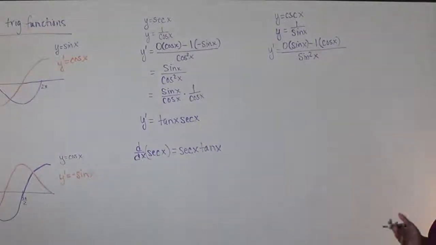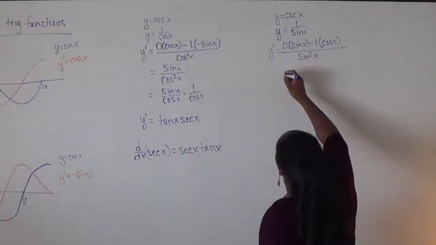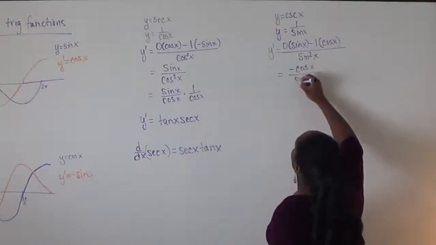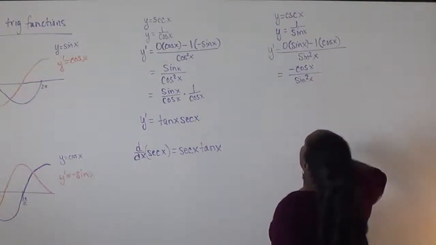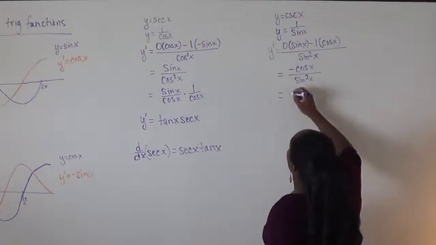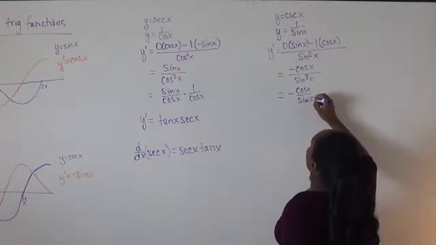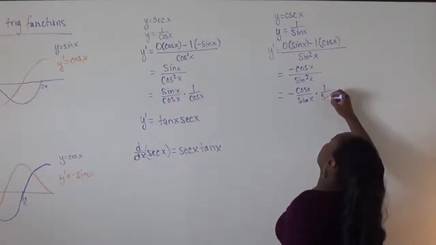Okay, same thing, we want to simplify that. So this is going to look like a negative cosine of x over sine squared of x, which again we can break up into a negative cosine x over sine x times 1 over sine x.